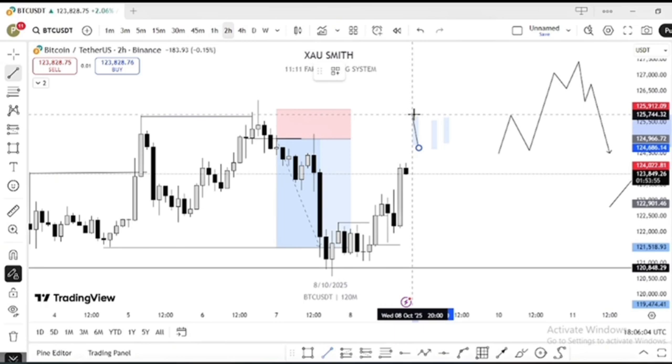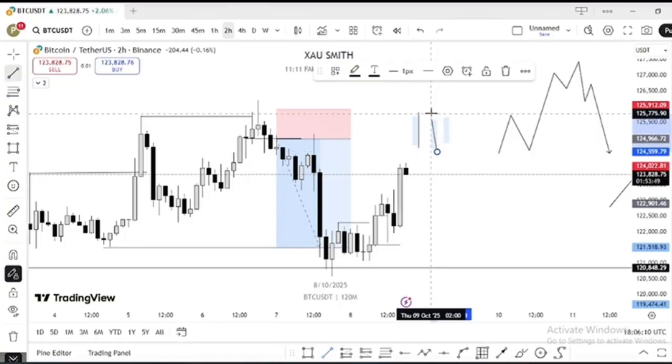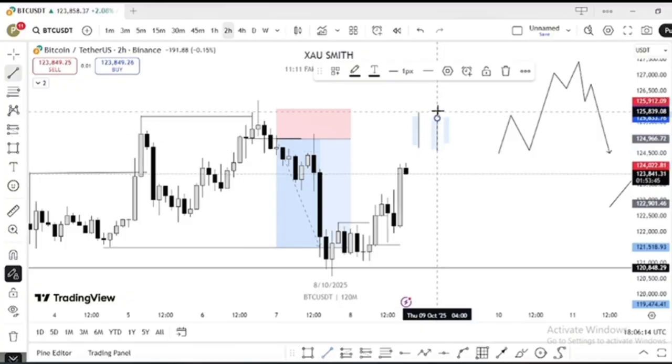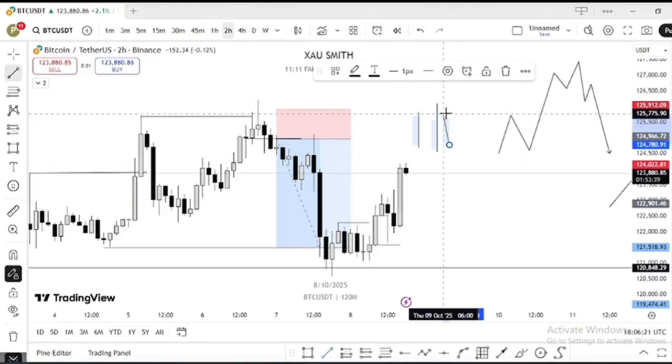The first wick, the second wick. My drawing is very bad, right? And the second wick should be longer than the first one and the third one.